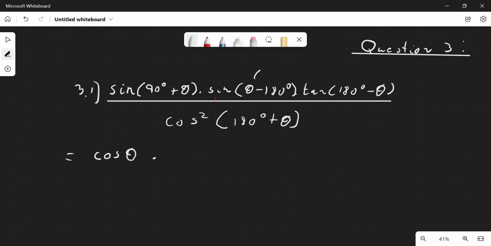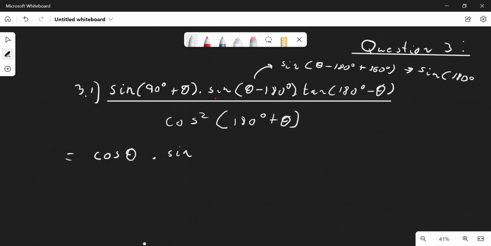Here on the side, sine of theta minus 180 degrees plus 360 degrees gives you sine of 180 plus theta, because 360 minus 180 is 180.